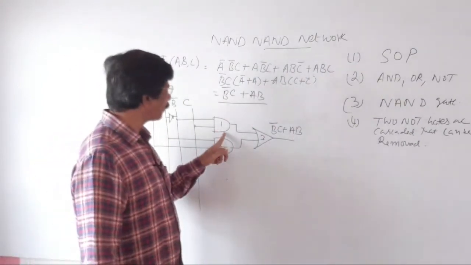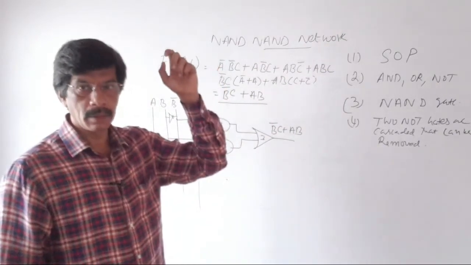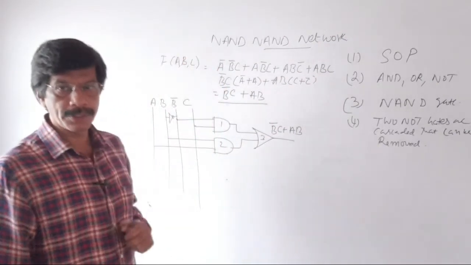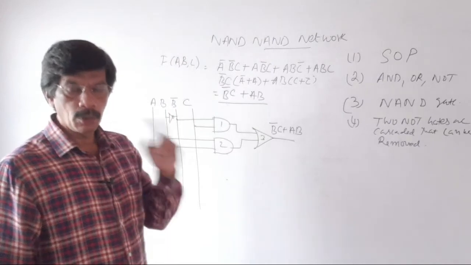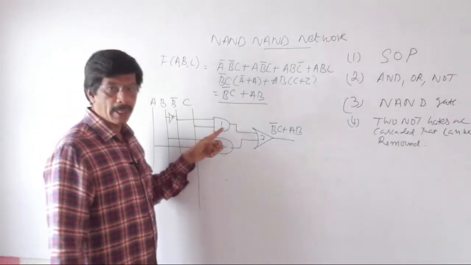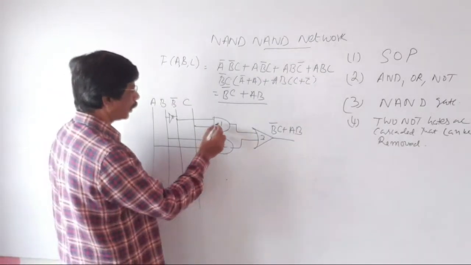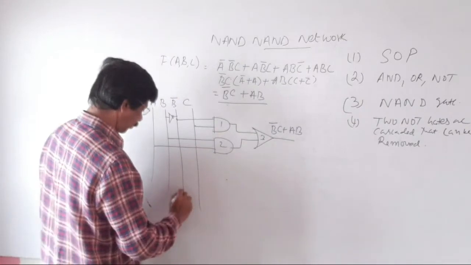The AND equivalent NAND gate we have seen in earlier classes. In the universal building block of NAND, the AND is replaced by two NAND gates. Now look at this AND gate.